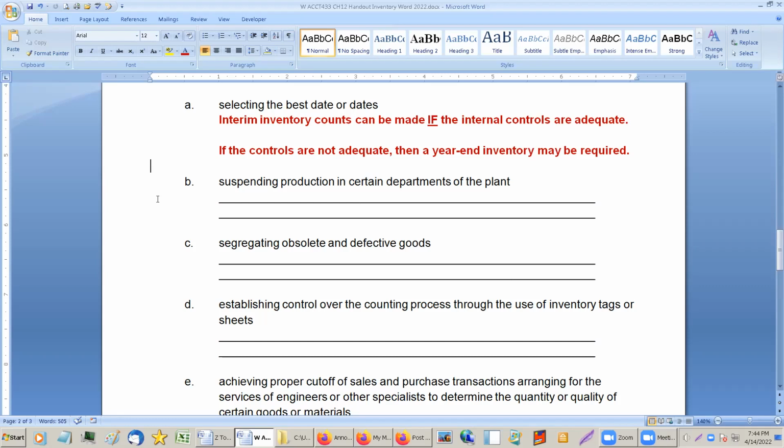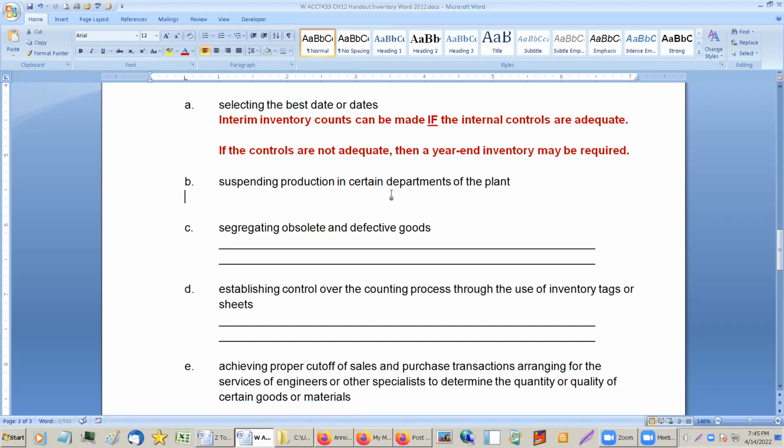Suspending production in certain departments or plants, and this also kind of leads into the best dates. A lot of times, if you can suspend it, inventories are done after work hours, Sundays, if they're not open on Sundays, etc. A lot of times you're trying to get things to stop, and especially for things like inventory, because inventory is a moving target.